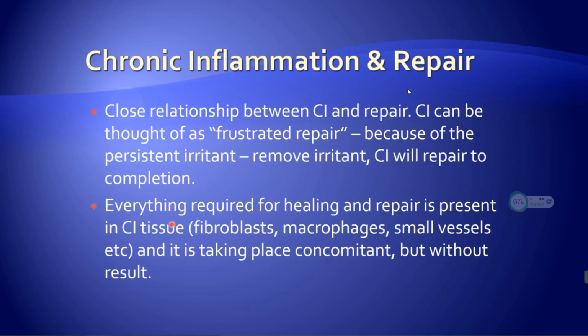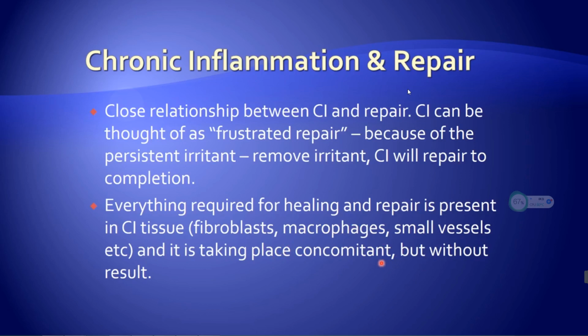And all the requirements for healing and repair are present. We have our immunology cells that are going to take care of that etiological agent. And then as time progresses, we have fibroblasts coming in, budding capillaries, and all of this is taking place at the same time.